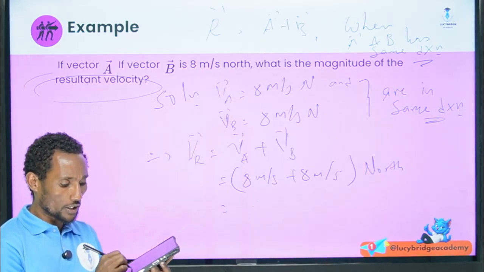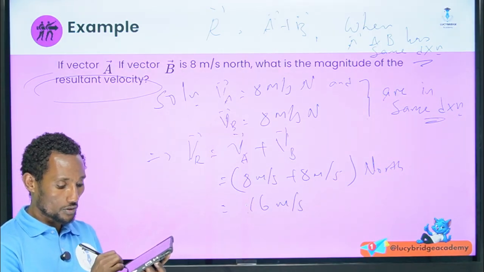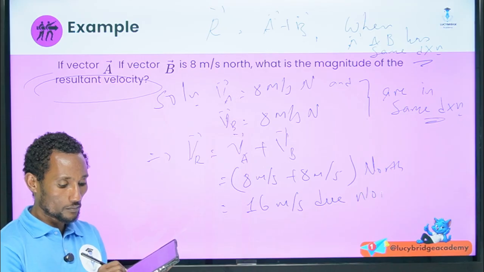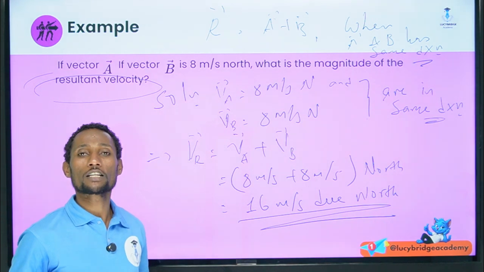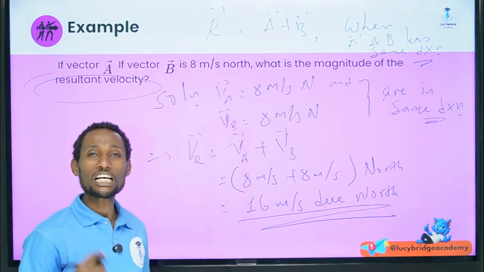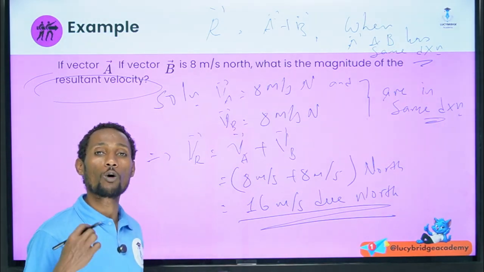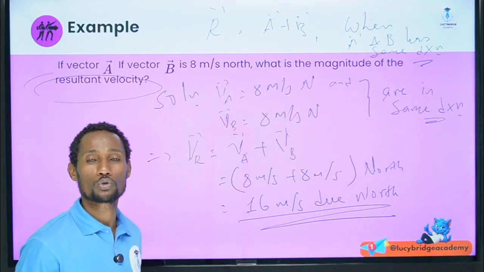Adding the two results in 16 meters per second due north. So the resultant velocity of vectors A and B is 16 meters per second to the north.